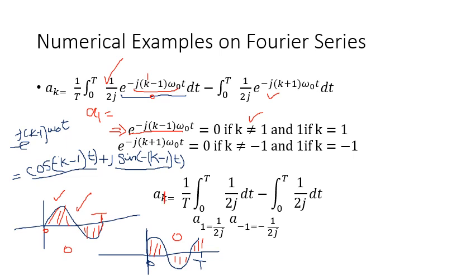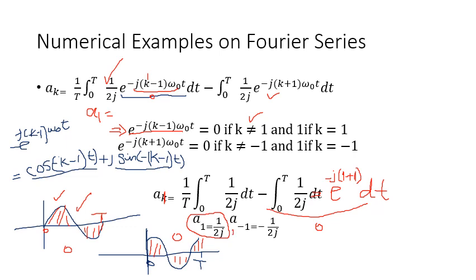When k equals 1, this exponential will have a value something like 1 by 2j and e power minus j, and k is 1, so 1 plus 1 will be 2. So again we have a complex exponential signal, and we are integrating it over one period. So for k equals 1, this term will be equal to 0, and you understand why, and this will result in this thing.